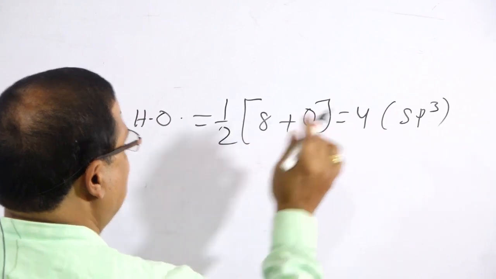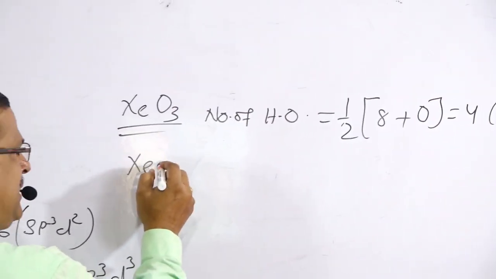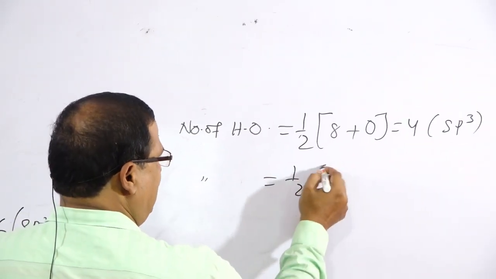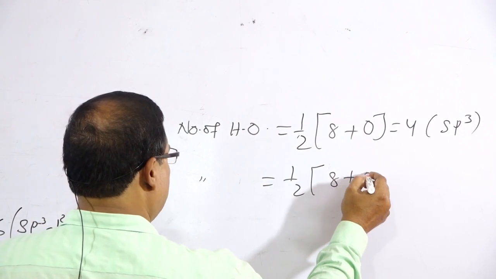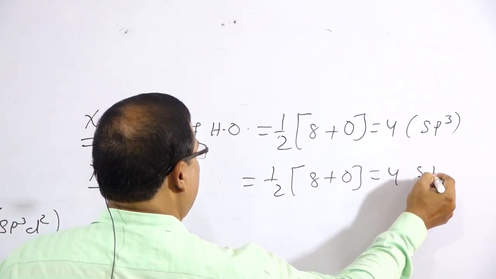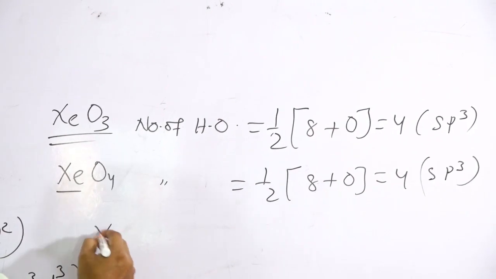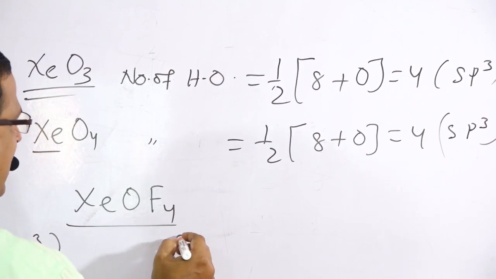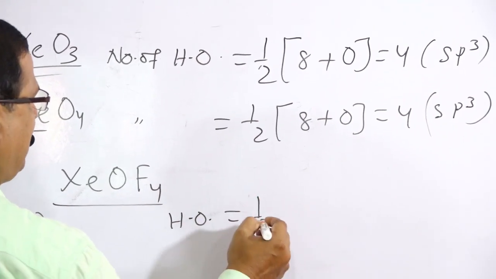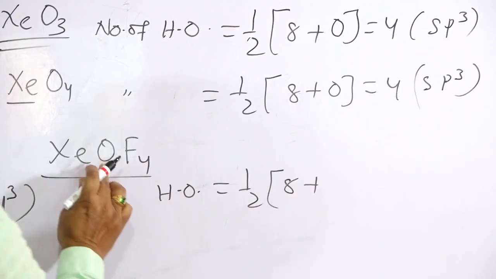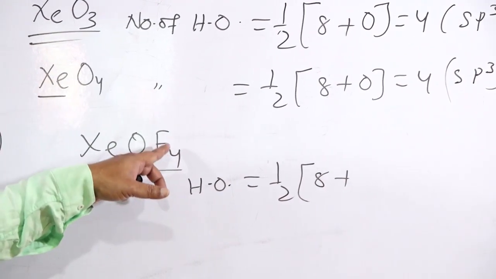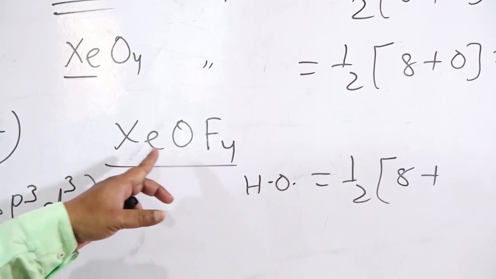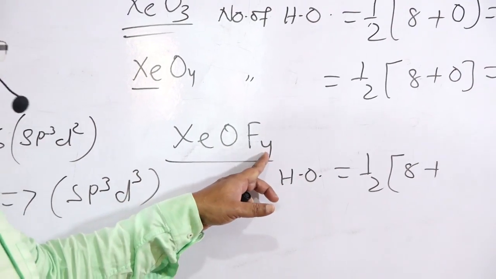In a similar way, XeO4: half of 8 plus 0 is 4, which is also sp3 hybridization. Then XeOF4: the number of hybrid orbitals is half of 8 plus the number of monovalent atoms, that is 4 fluorine atoms. The oxygen atom is not counted because it is divalent. So 8 plus 4 divided by 2.